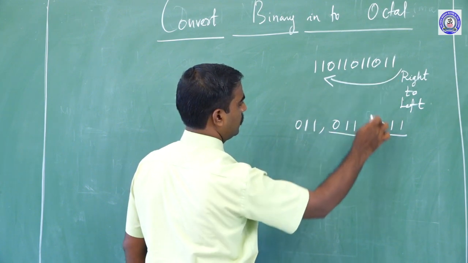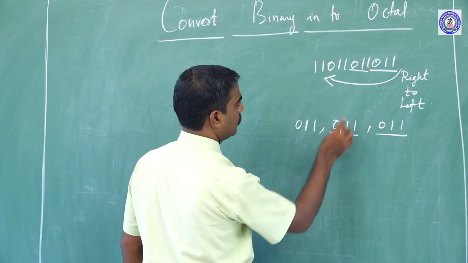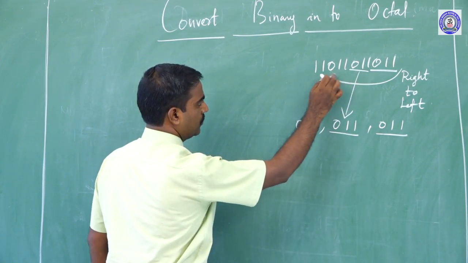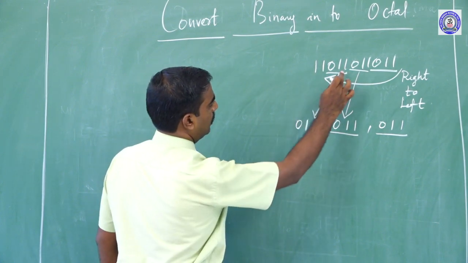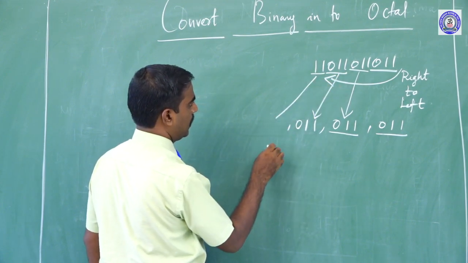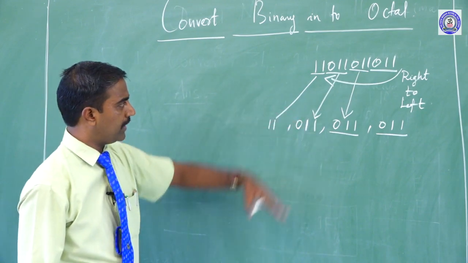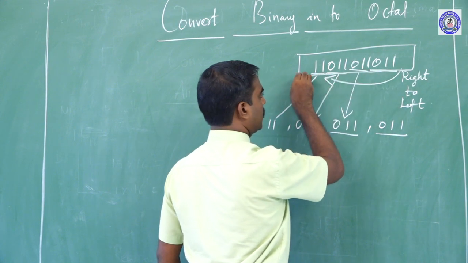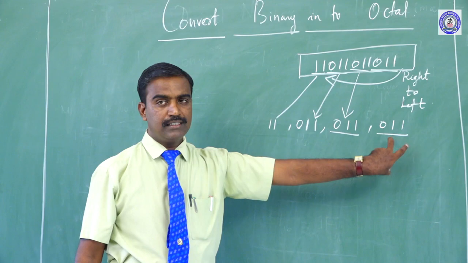First 1 1 0 for this number 3, and then 1 1 0 for this number, and then 1 1 0. These 3 for this number. Here 1 and 1, these two numbers. In this method we separate the given values. We should concentrate right to left, taking 3 digits from right to left.